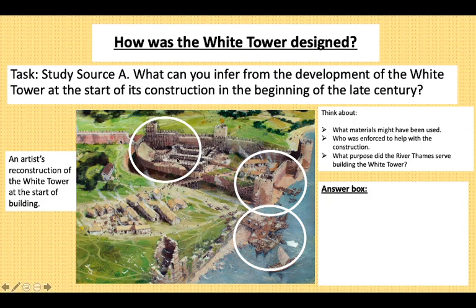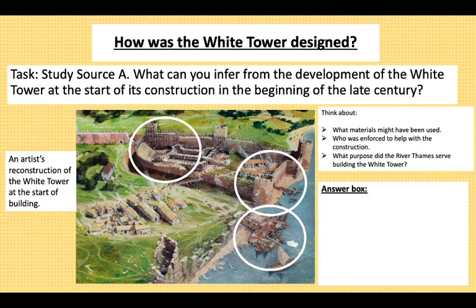Okay, so who would be enforced to help with the construction? That's mainly in this area. We can see that there's a couple of little houses or a few huts almost, to probably house the builders that were there, because this would be a project that was undertaken for such a long time. It started construction in the 1070s and it wasn't actually finished until the late 1090s.